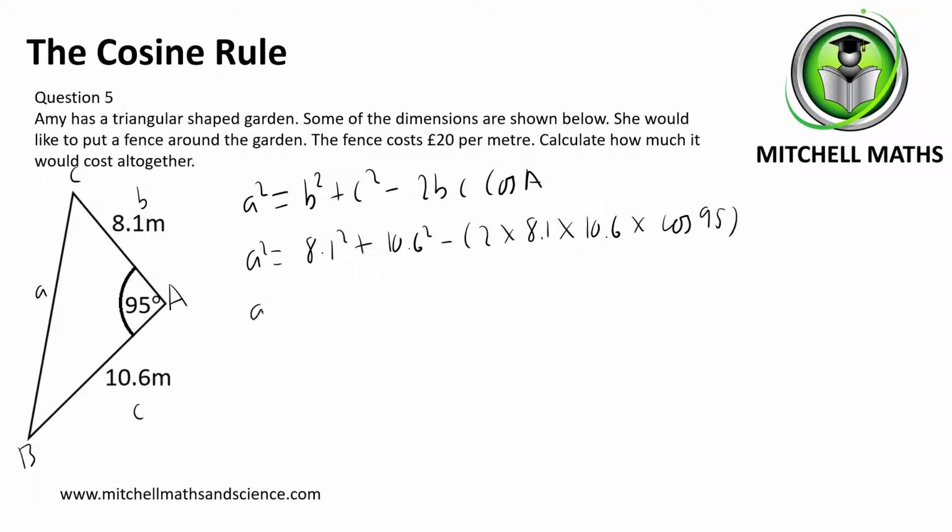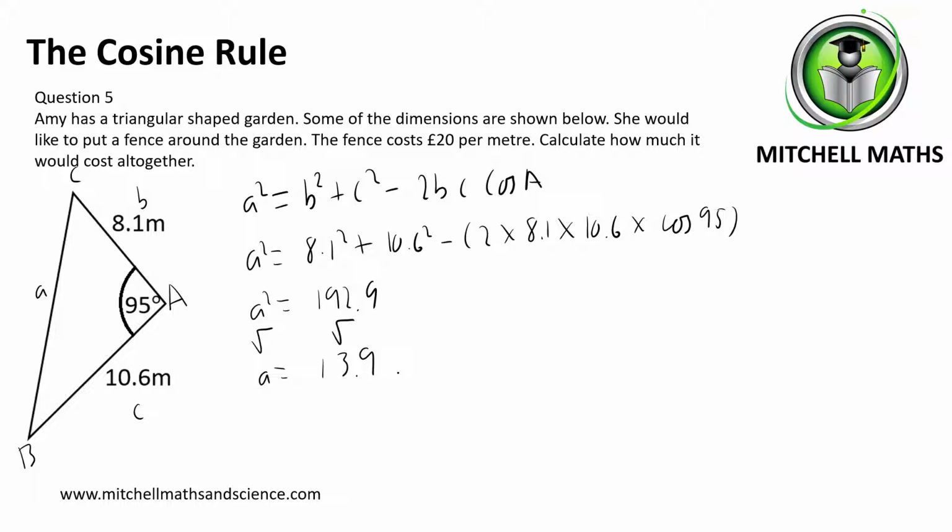Type that into your calculator and you will get 192.9. Square root both sides to find out what it is. That's 13.9 rounded.